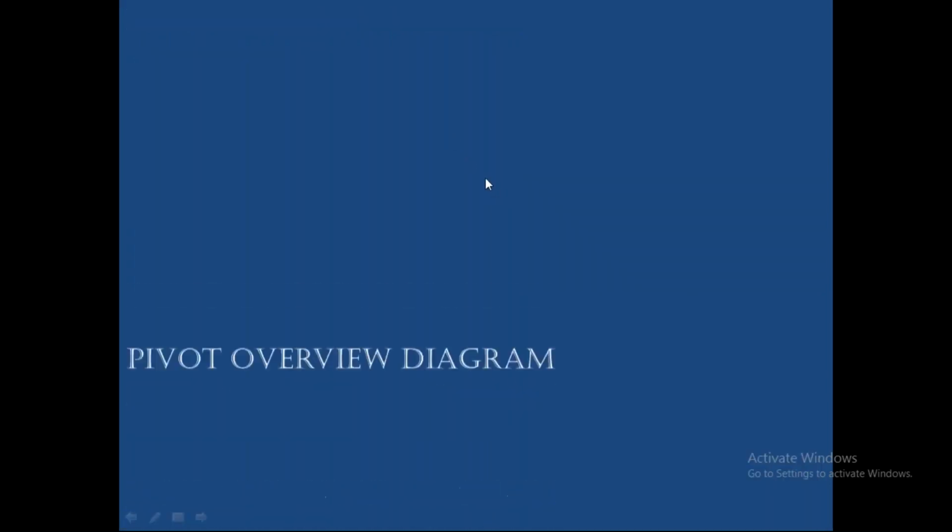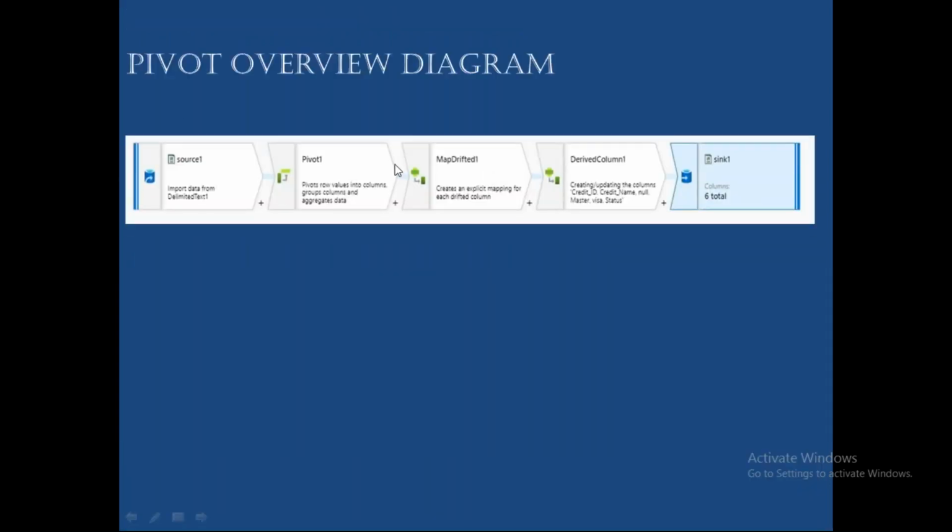Now you see the pivot overview diagram. This is how I'm going to implement the pivots. I will read the source data, then apply a pivot transformation, converting the rows to columns. If you want to include those columns in your output, then you need to use a map drifted transformation.